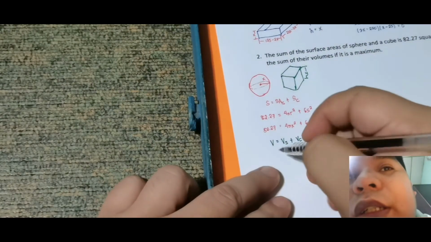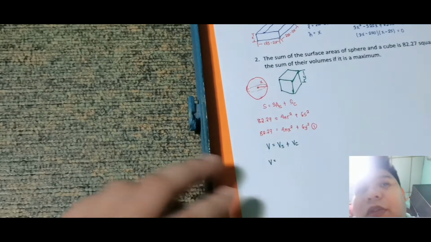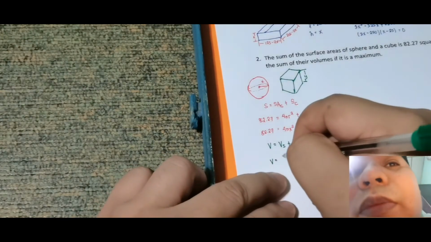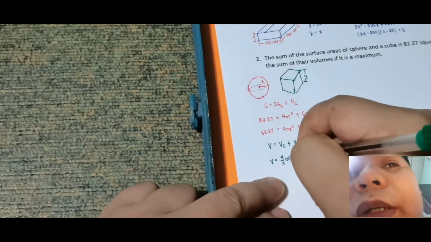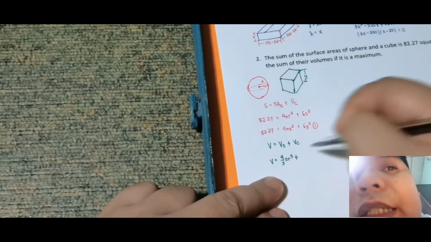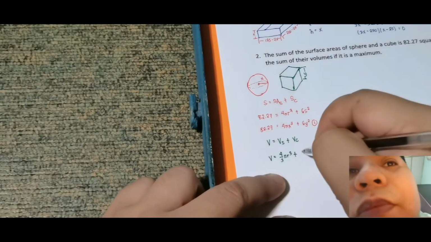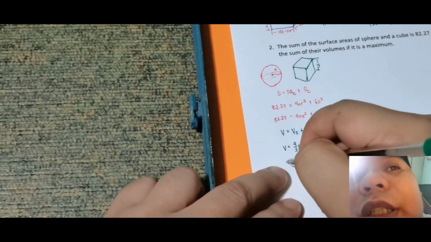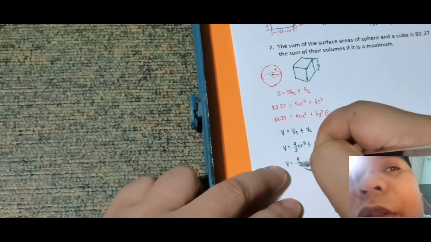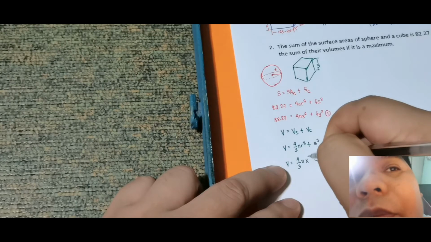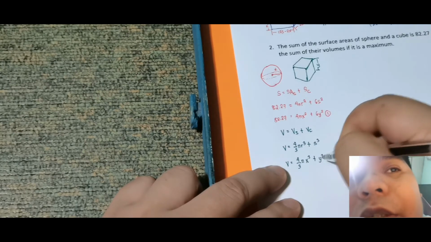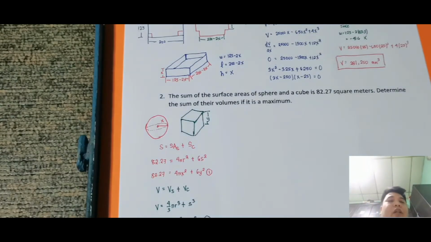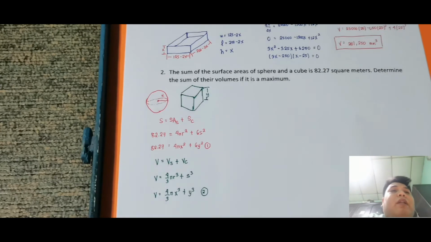Note na ang volume ng sphere is 4 over 3 pi r cube. Then plus volume ng cube natin is just s cube. So palitan natin yung r saka s. So B is just equal to 4 over 3 pi x cube plus y cube. Okay, so let me call this equation number 2.